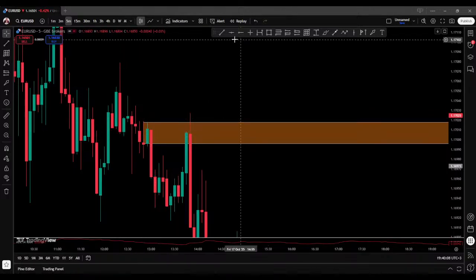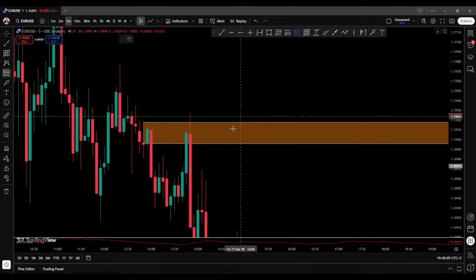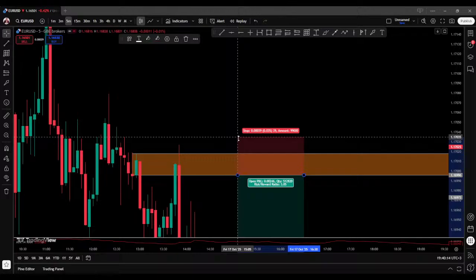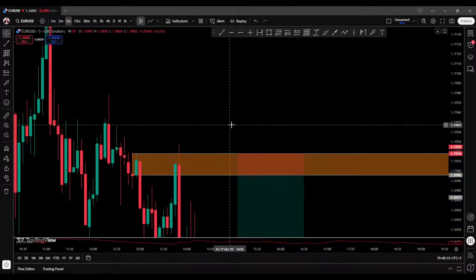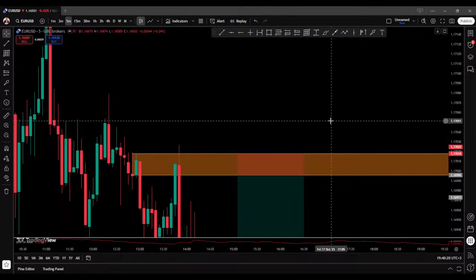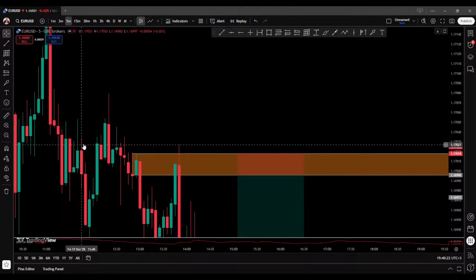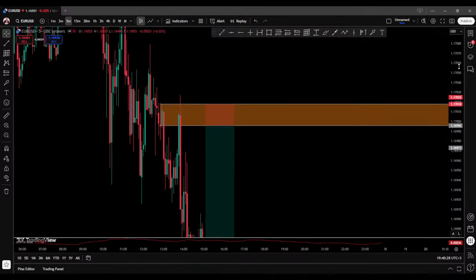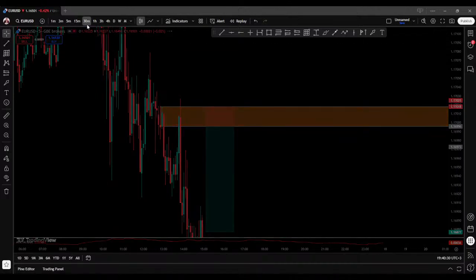So take your and refine this. 2.2. That is a good trade. We could have even refined it further in 3 minutes and 1 minute. But a 2.2 trade is something.